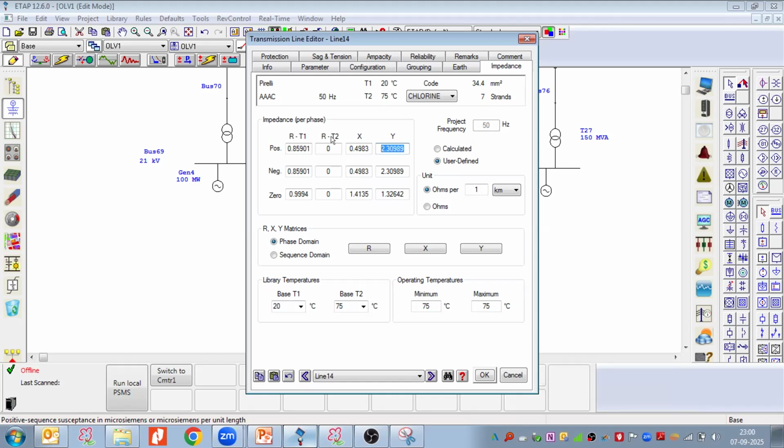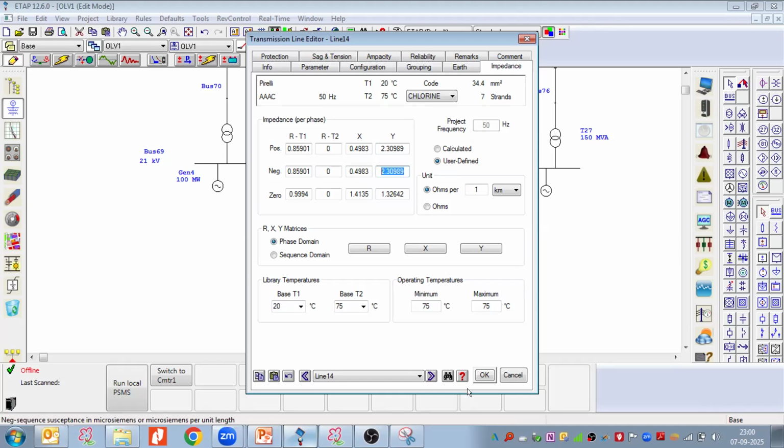In their absence, for practice purposes, as we discussed, we generally take 0.1, 0.4, and 3.6. For a real-time project, we ask the client for the parameters and enter the same parameters over here. Okay, Bimal. Okay, sir. Thank you, sir.